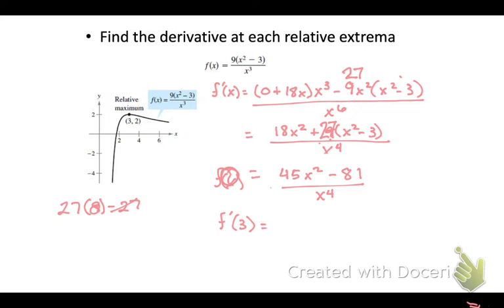So now if we do 3, 45 times 9 minus 81 over 81.